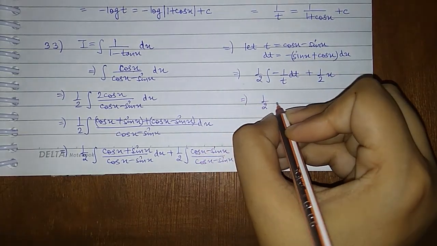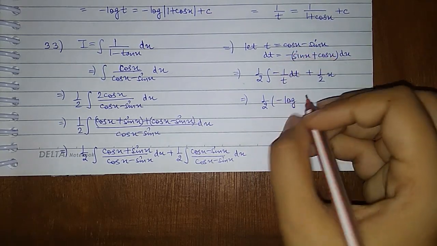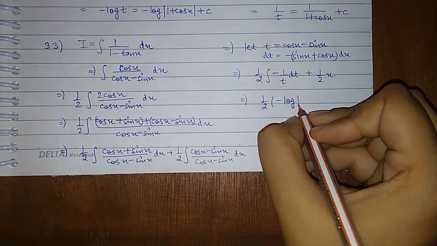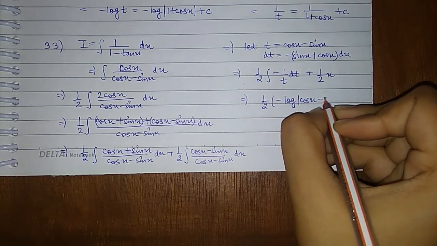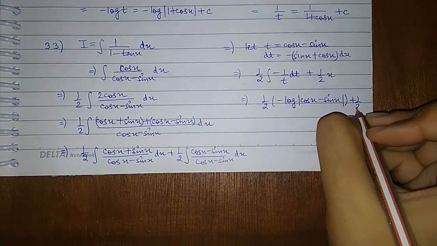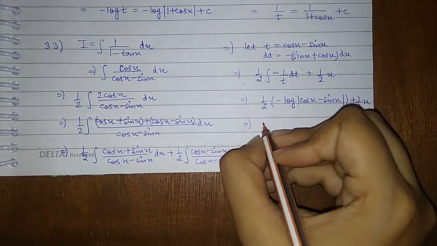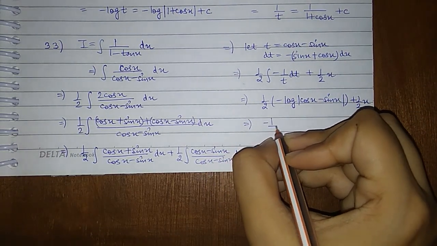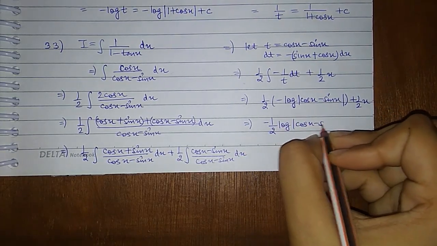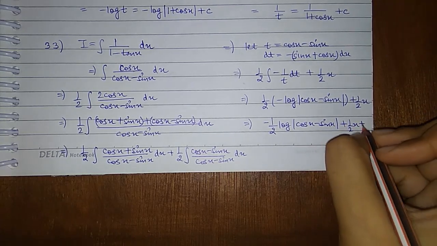So half of minus log of t, t is cos x minus sin x. So mod of cos x minus sin x plus half of x, which can be written as minus 1 by 2 log of mod cos x minus sin x plus half of x plus c.